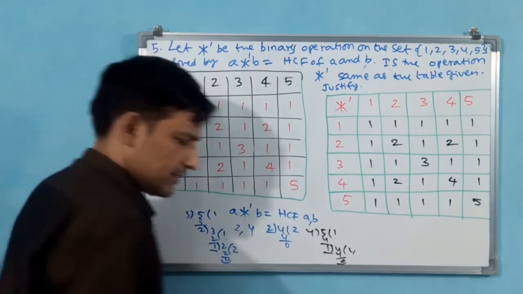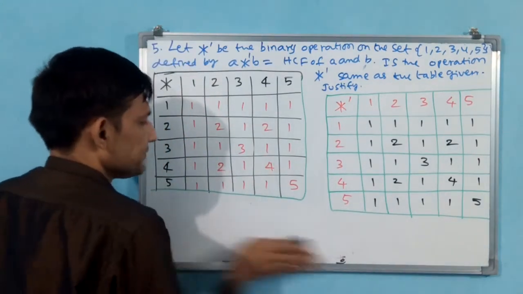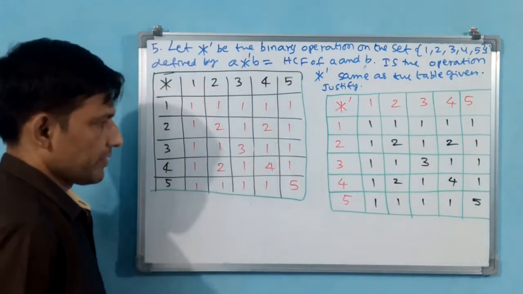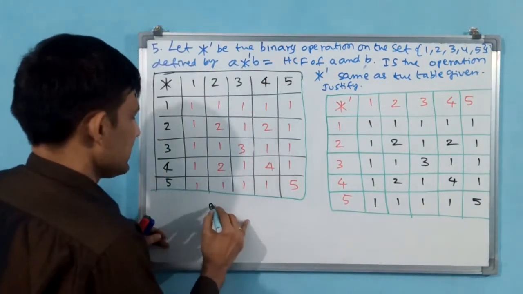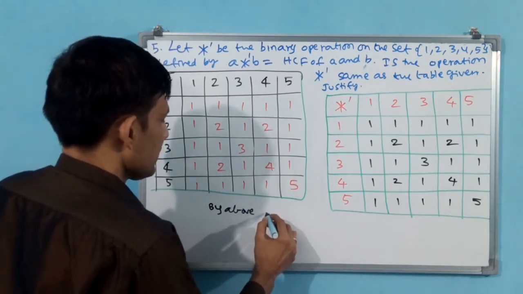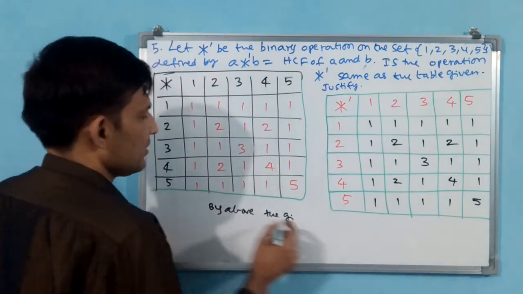What you write? You write like this: by the above given table. See, here we have made this table.